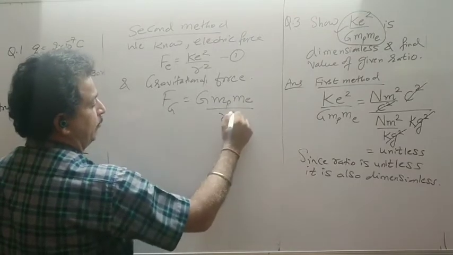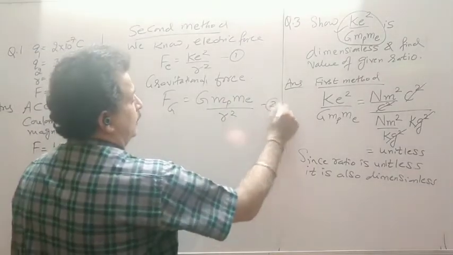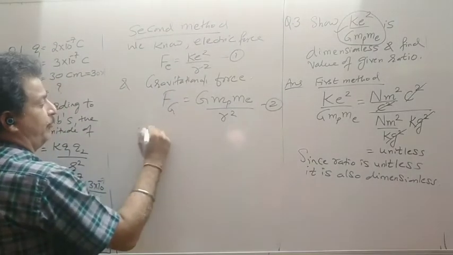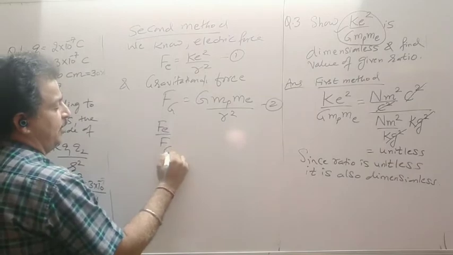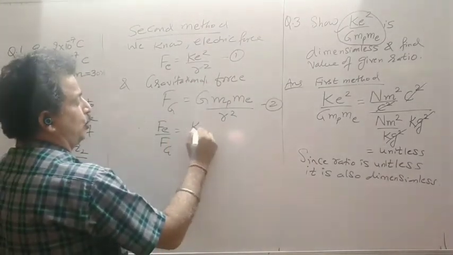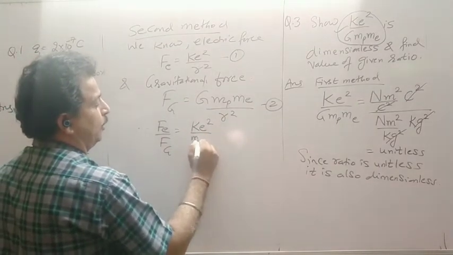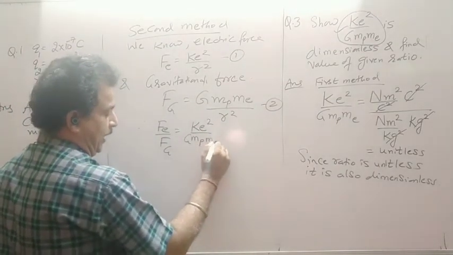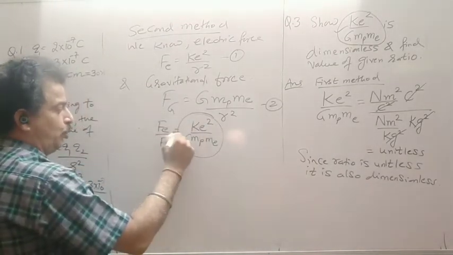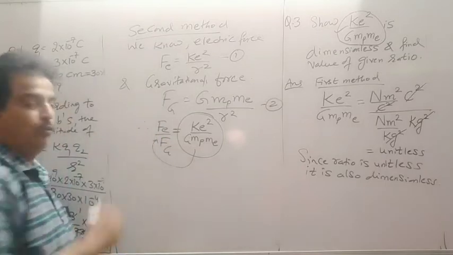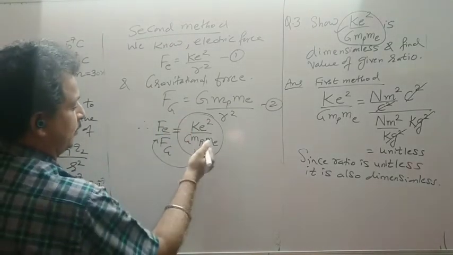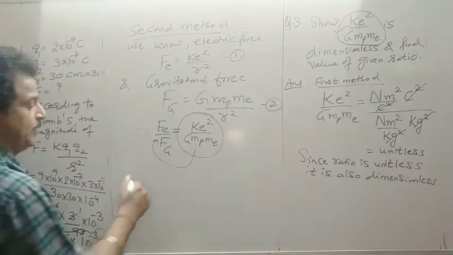Proton and electron are given, and the separation is the same, so we have taken R square. Now take the ratio: Fe upon Fg. R square is cancelled, so you come to K e square upon G Mp Me. Now this ratio is equal to the ratio of the two forces, the same quantity. So this ratio is dimensionless as well as unitless.